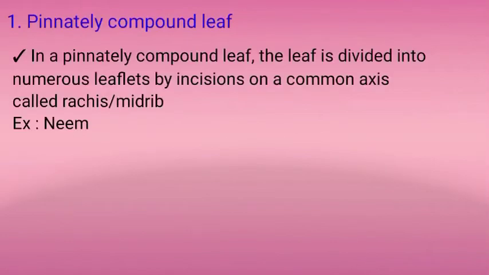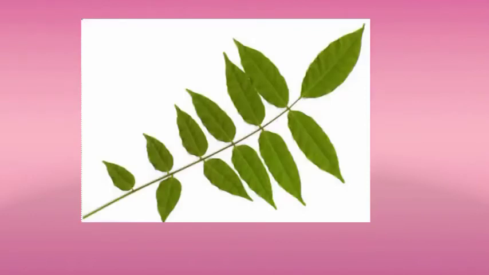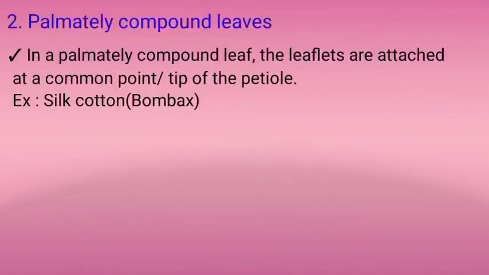Pinnately compound leaf. In a pinnately compound leaf, the leaf is divided into numerous leaflets by incisions on a common axis called rachis or midrib. Example: neem, Azadirachta indica. Let's see the diagrammatic representation of a pinnately compound leaf in neem. All the leaflets are arranged on a common axis called rachis or midrib.